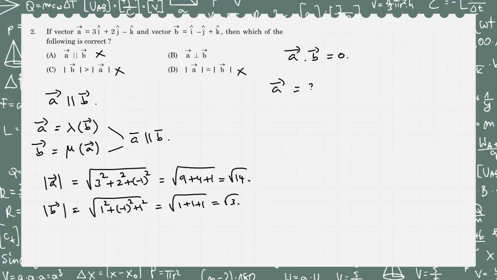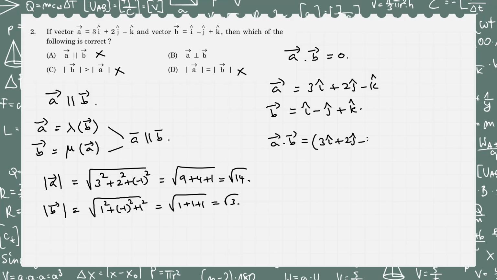So A vector is 3i plus 2j minus 1k, and B vector is 1i minus 1j plus 1k. So A dot B will be (3i plus 2j minus k) dot (i minus j plus k).